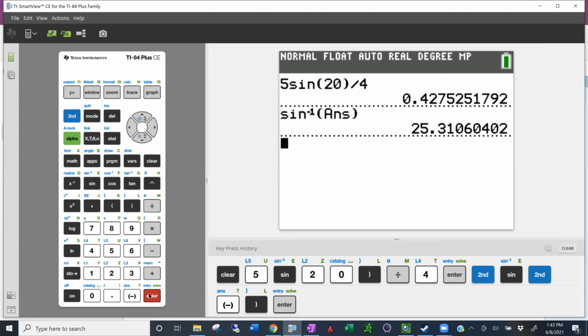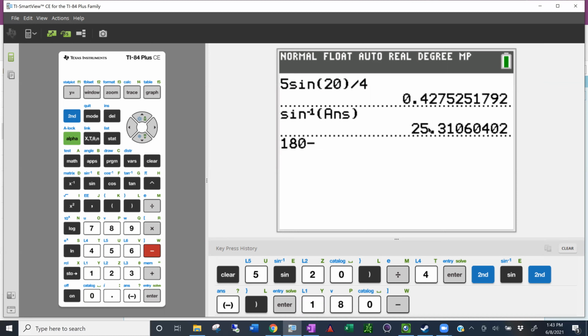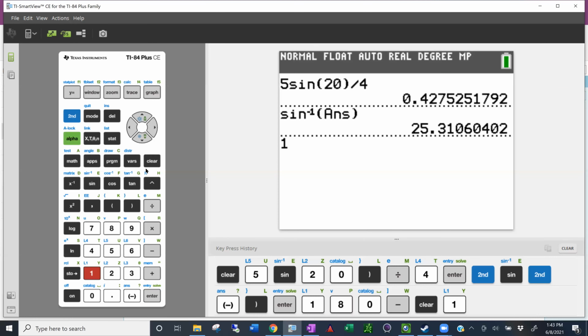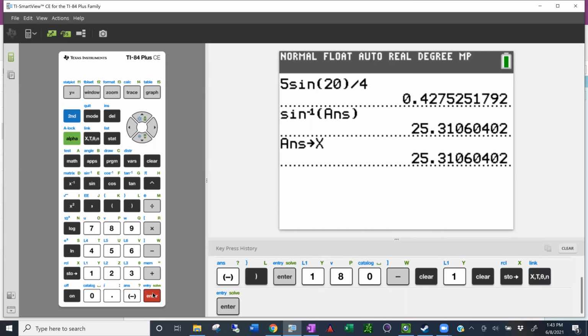But here's the catch. There might be another possibility. We're going to have to look. So what would that other possibility be? That other possibility could be 180 minus that answer. Actually, before I do that, I'm going to store this one in X, which is the store key next to the number 1, just to have that around.